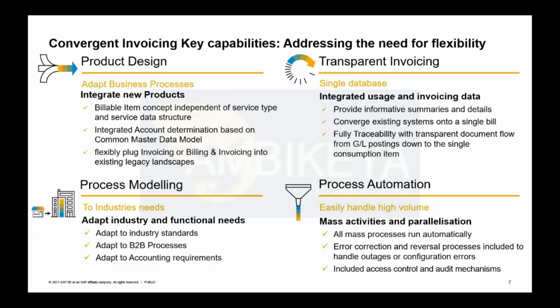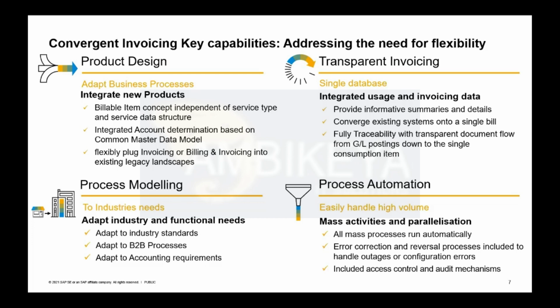This is very easy. We have a single database where we can have the consumption and the billable items, and create from the single database a correct invoice, and have an overview which parts were calculated. So we can provide information on summaries and details. We converge existing systems onto a single bill.